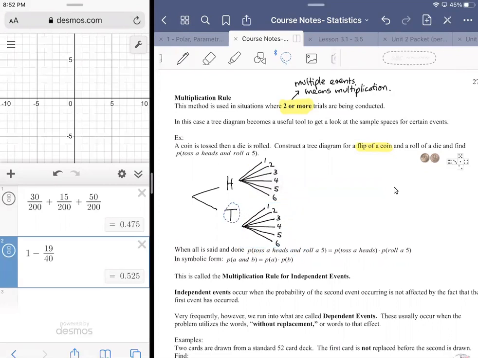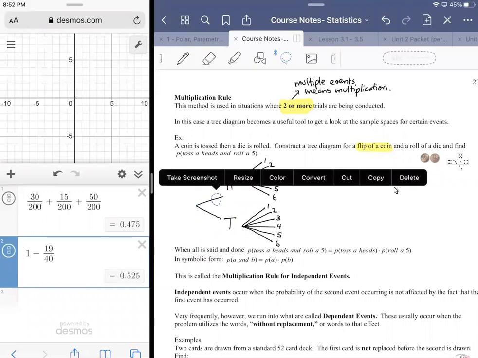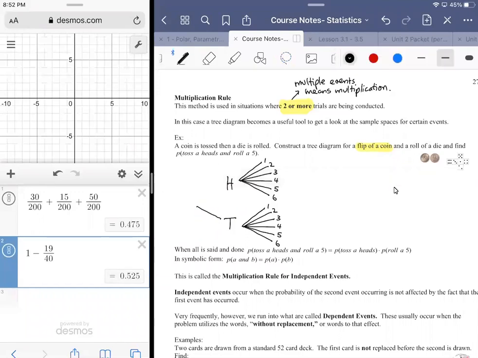And just as an FYI, it's a good thing when I say that I always put a tree diagram question on the test. All right. So it's always there.